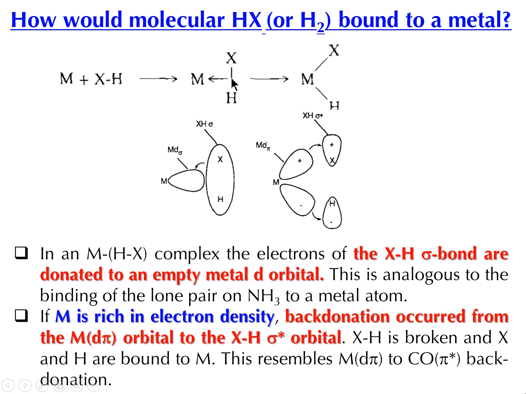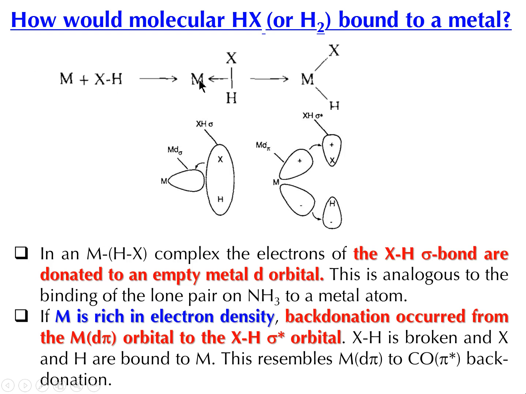In this type of bond, the electrons responsible for the bond are the bonding electrons between H and X. And as you observe, we don't have bond M to X nor M to H, so we will have overlap between the bonding orbital and the d orbital of M. And this type of bond is similar to the binding of the lone pair on ammonia, for example, to a metal center.